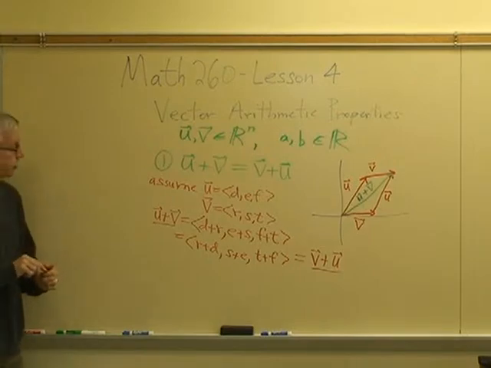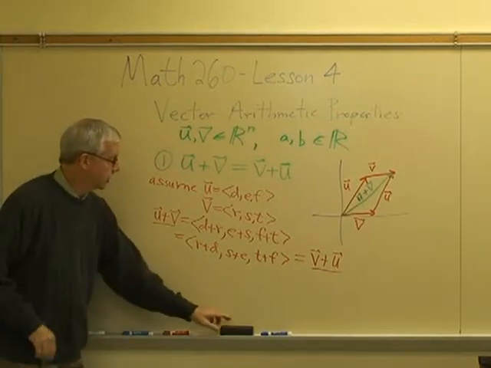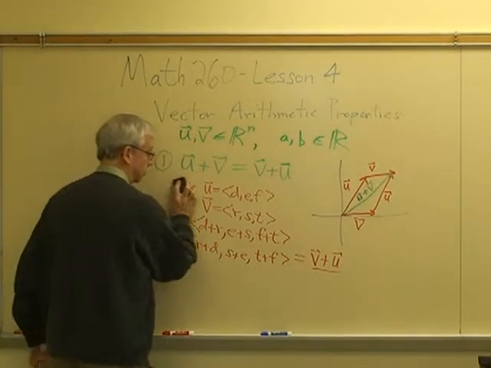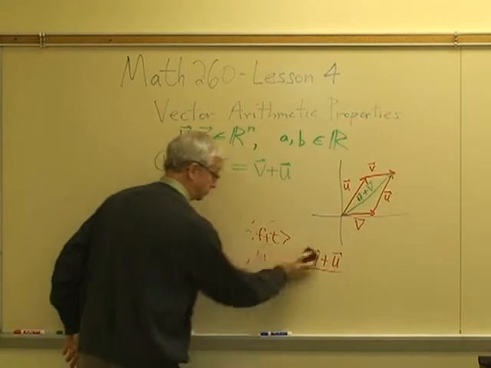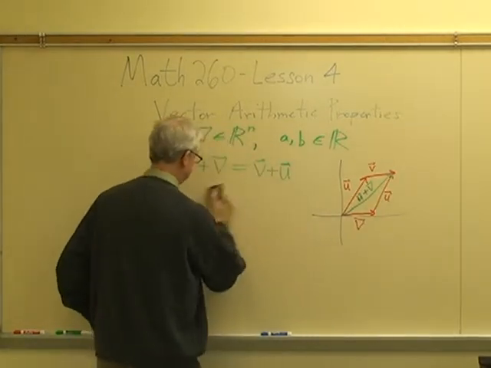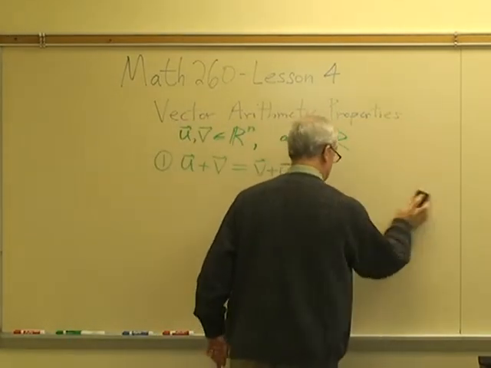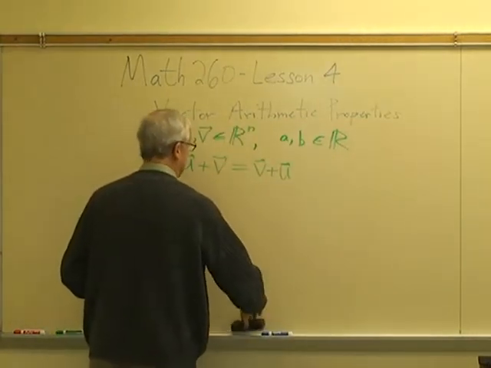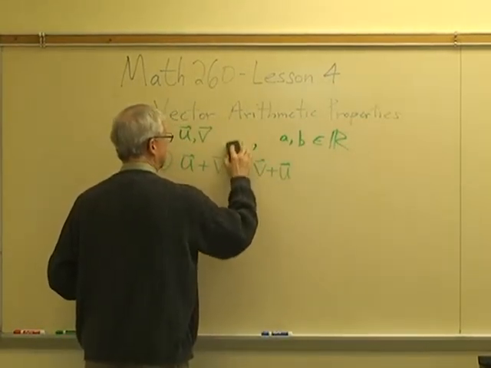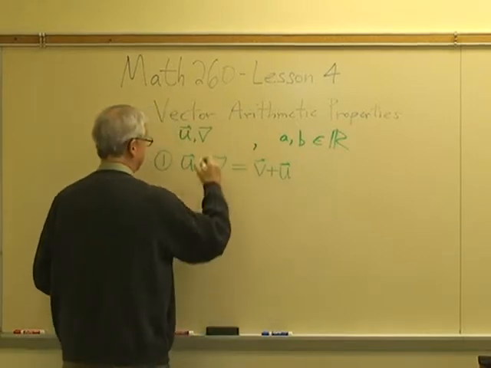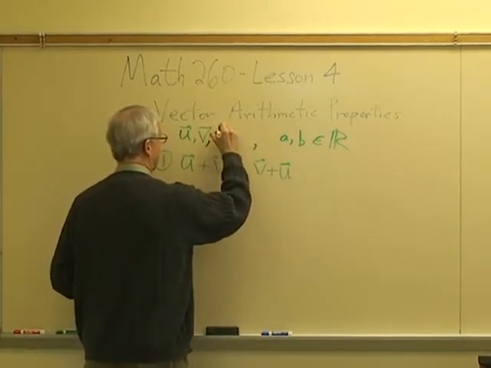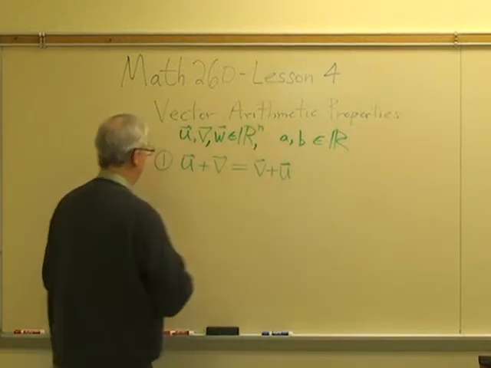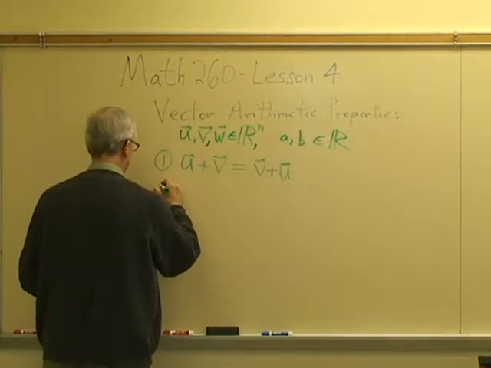Okay, well, let's list some of the other important properties of vector addition and vector scalar multiplication. And to do that, I'm going to add a third vector to my collection. We'll call it w. Okay, so what else is true? Number 2.